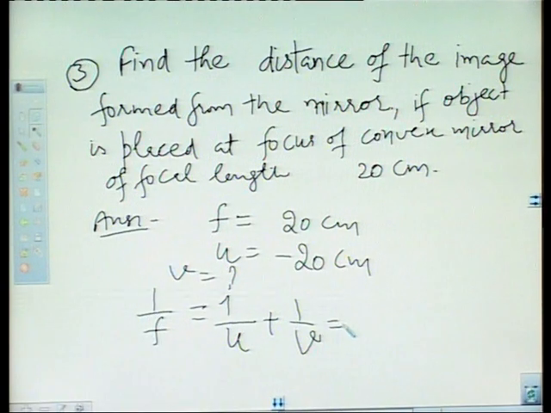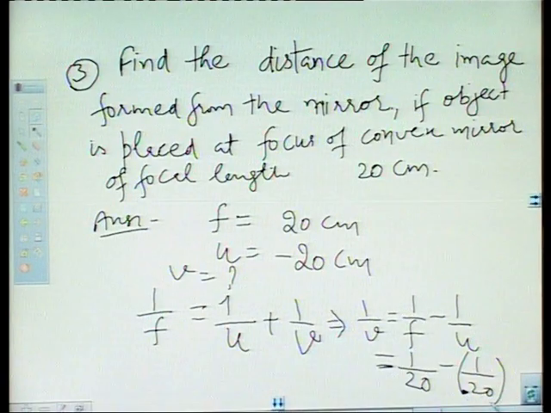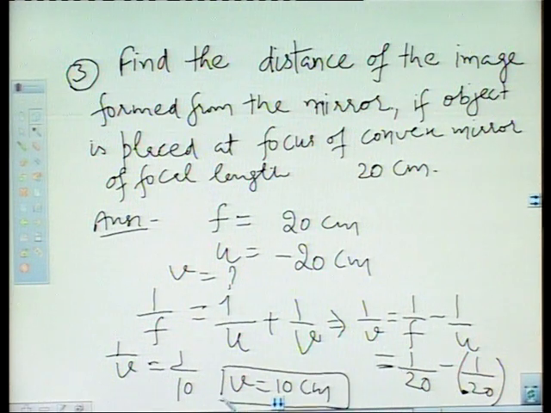So this implies that 1 upon v is equal to 1 upon f minus 1 upon u. 1 upon f is equal to 1 upon 20 minus 1 upon minus 20. So this comes out to equal to 1 upon v is equal to 1 upon 10 and v is equal to 10 centimeter. So this is the final answer.